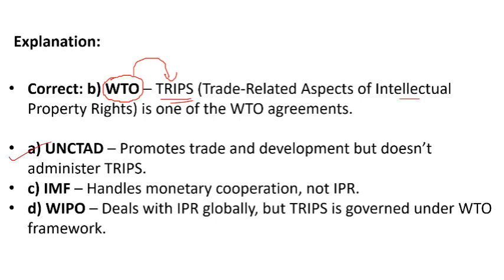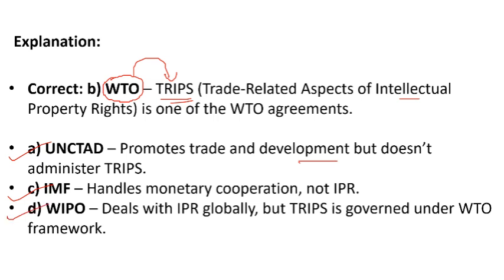Then we have UNCTAD, which is totally not related to the WTO, and it is not related to the TRIPS or the IPR as well. It promotes trade and development but does not administer TRIPS. IMF is totally connected with monetary terms. There is nothing to do with the IPR.